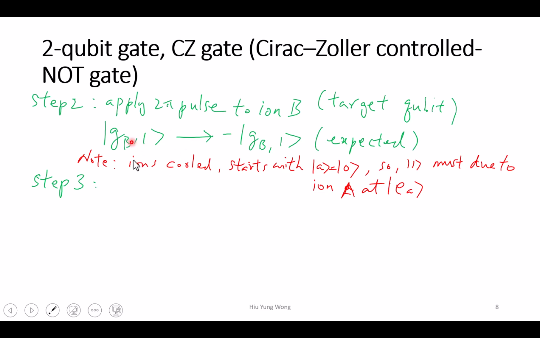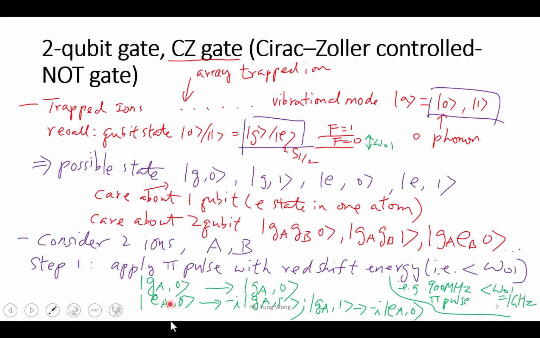But now, why would I be able to have |gB1> exist? It is only when I have 1 here, right? And this 1 must be because A was at excited state, and then it created 1 for me. Oh, A gave it to B. No, A gave it to the phonon.